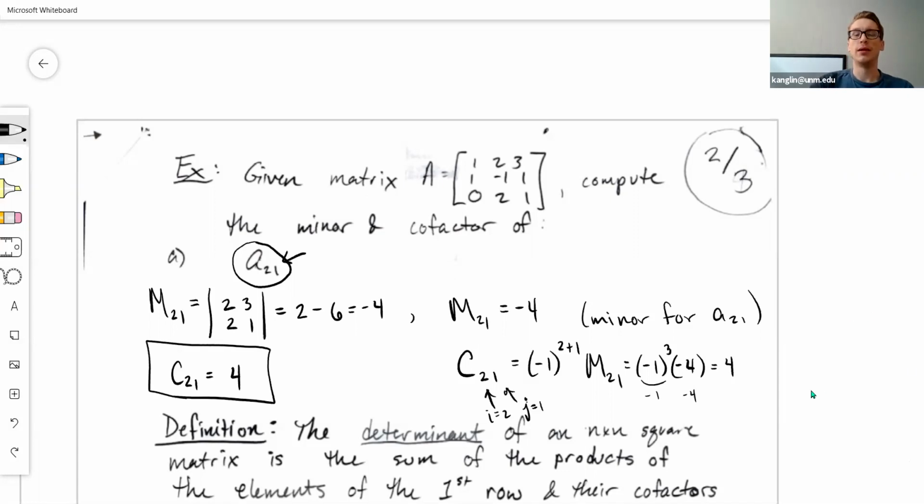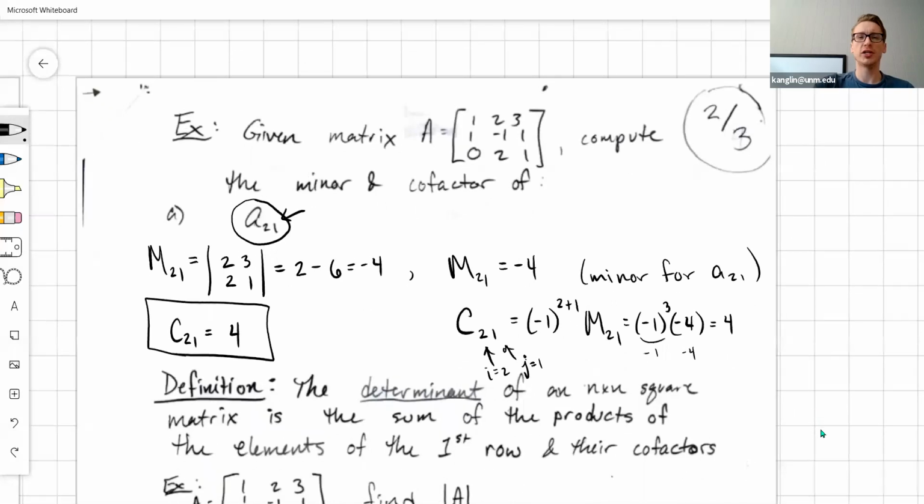Okay. Now, how does that help us compute determinants of matrices larger than 2 by 2? Well, we define the determinants of larger matrices in terms of these minors and cofactors, really the cofactors. So let's look at our definition here.